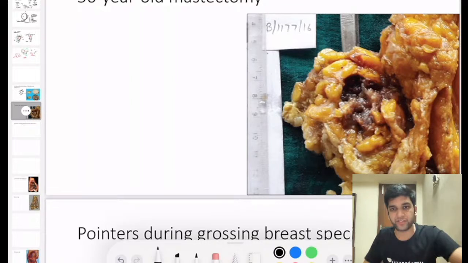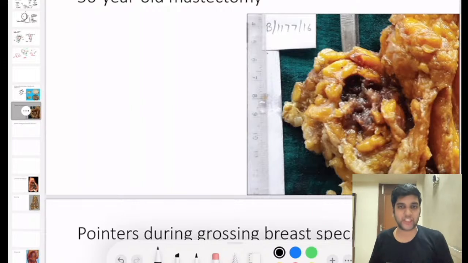Can you describe the cut surface? Apart from the exophytic growth, can you say how it looks? Is it homogeneous, heterogeneous, hemorrhagic, shiny? How does it look? Because that will help you to come to a diagnosis. As I said, this is a spotter. I should not miss these cases. No?